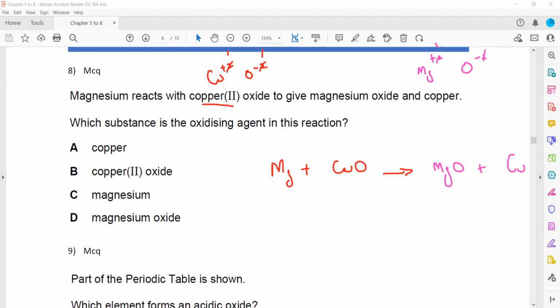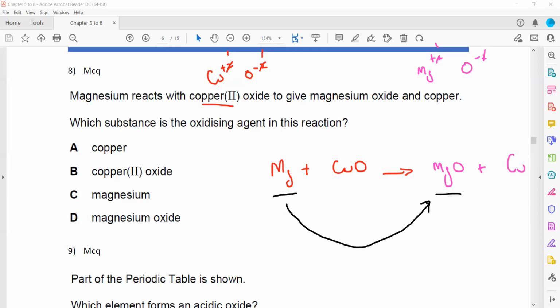In terms of oxygen, if addition of oxygen is there, we call it oxidation, and removal of oxygen we call reduction. So first we have magnesium, and then we have magnesium oxide. So magnesium turned into magnesium oxide.